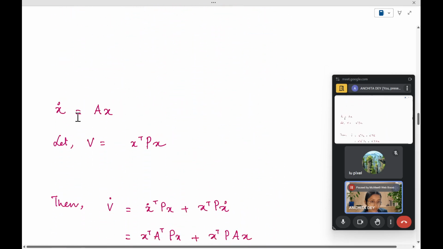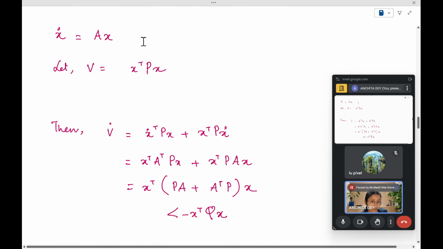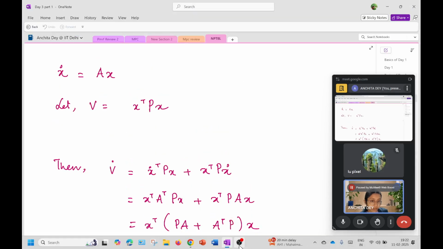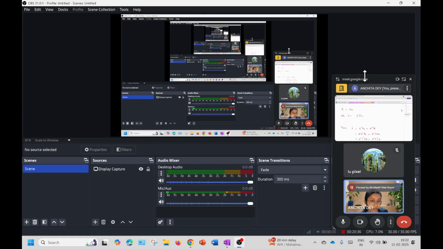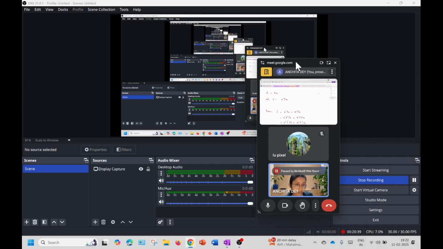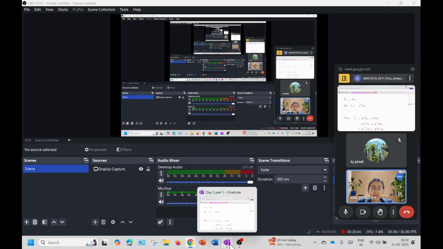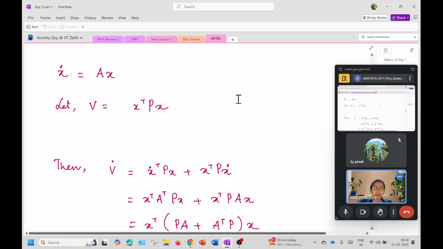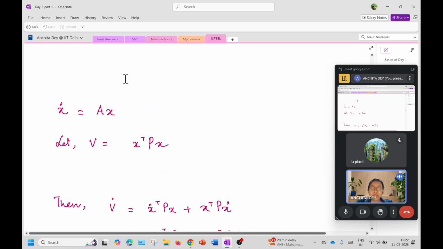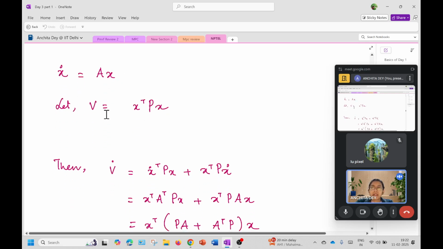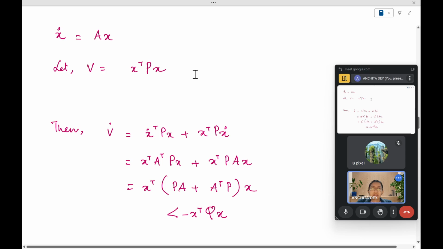We will just start with x dot equal to Ax. With x dot equal to Ax, we simply consider a Lyapunov function. Let V be equal to x transpose Px.